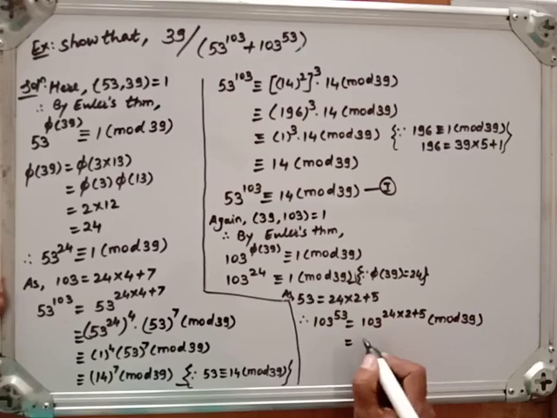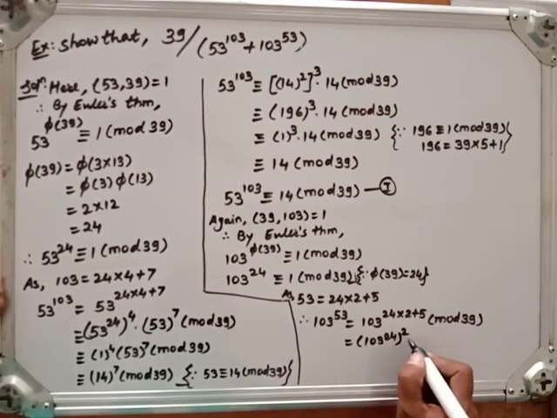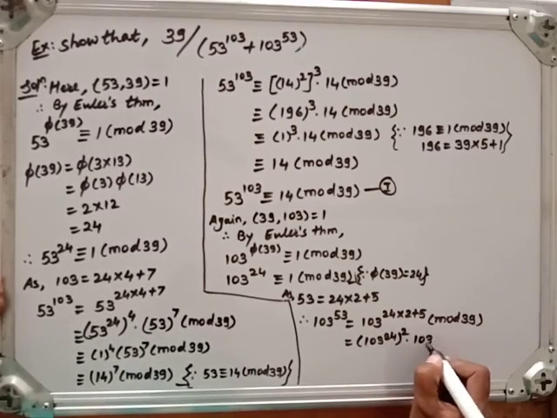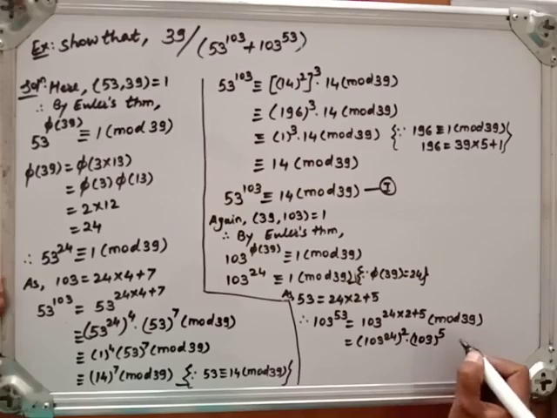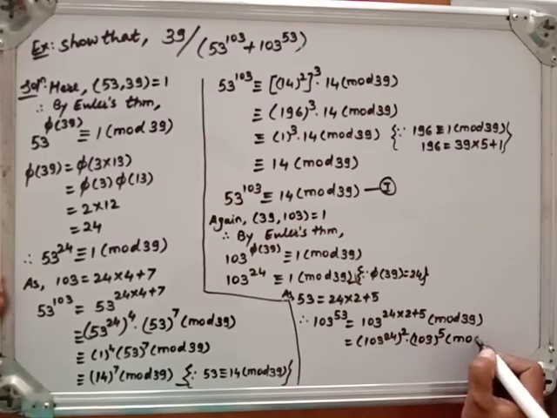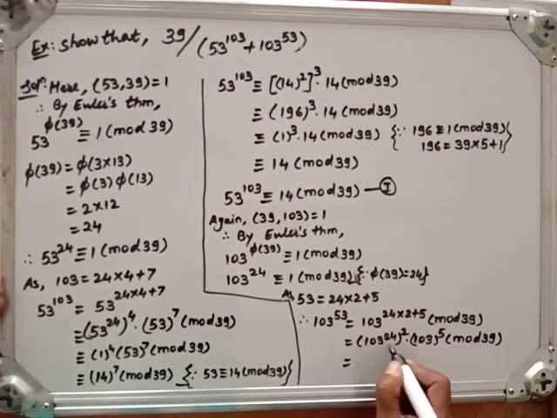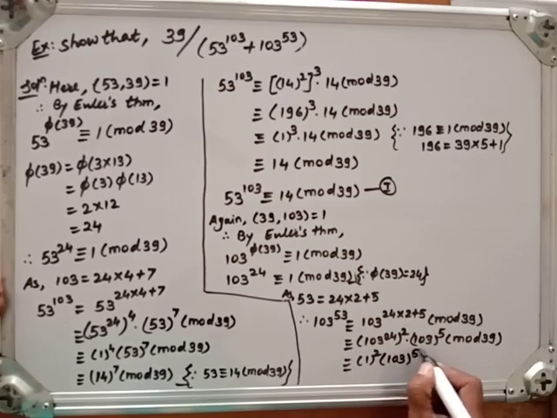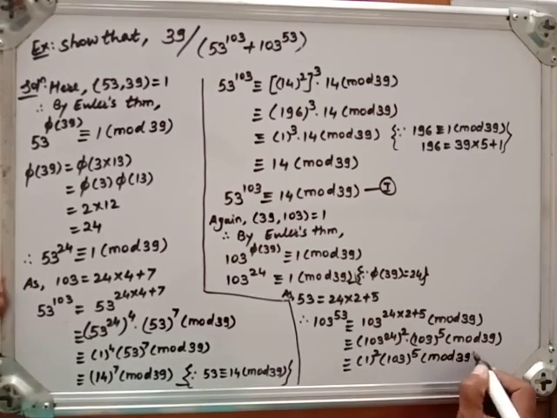So that is 103 raised to 24, its square, times 103 raised to 5 modulo 39. Okay. So now this part is 1. So 1 square, this is congruent, sorry, 1 square times 103 raised to 5 modulo 39.